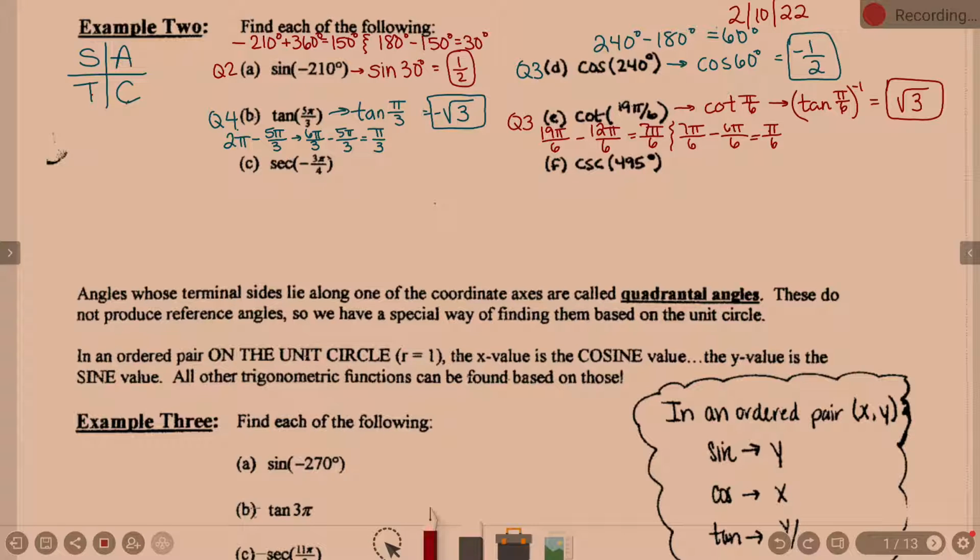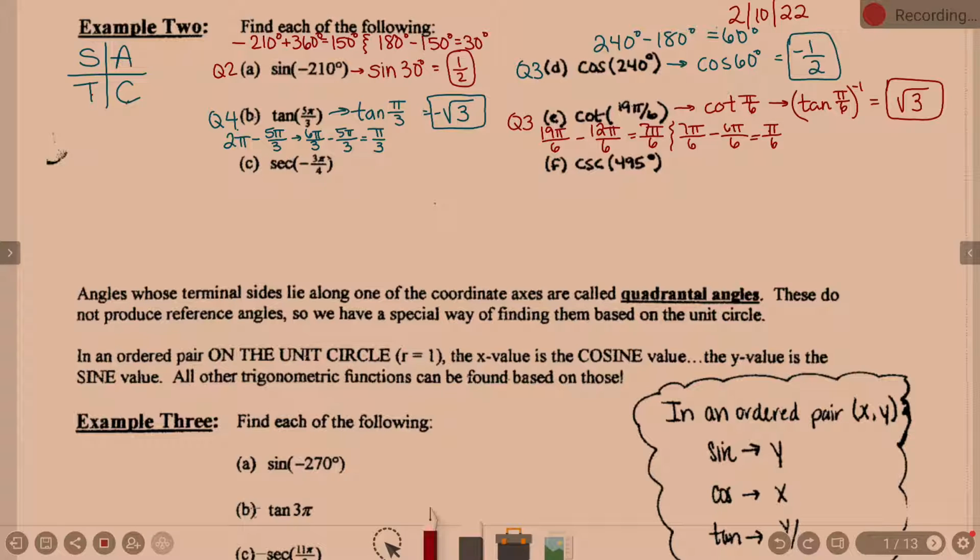Because what's negative 3 pi over 4 going to do? It's going to take me down and end up where? Not quadrant 4. Quadrant 3. Because when I do 1 pi over 4, 2 pi over 4, and here's 3 pi over 4.